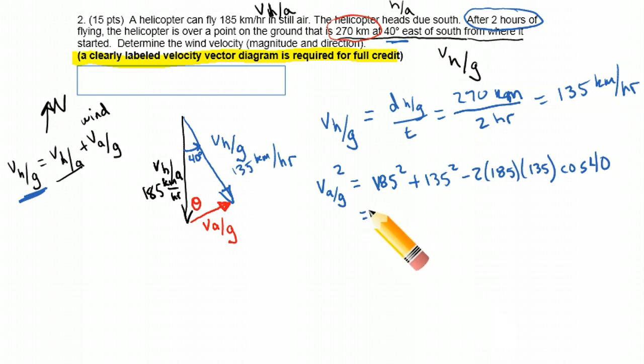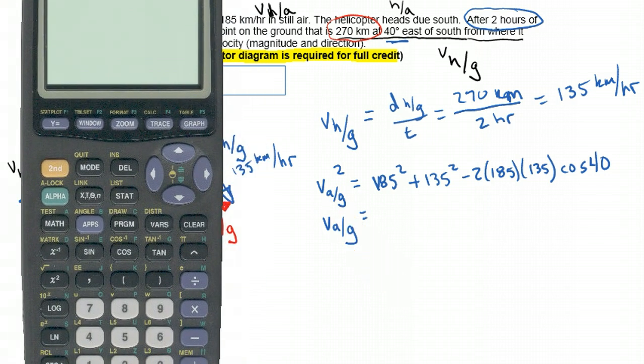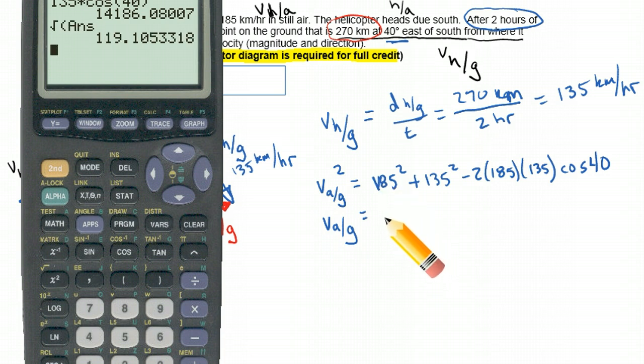Okay, so the velocity of the air with respect to the ground, pull in our calculator. 185 squared. Square root of that. Looks like about 119.1.